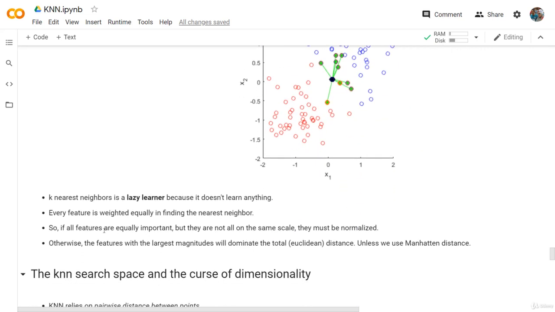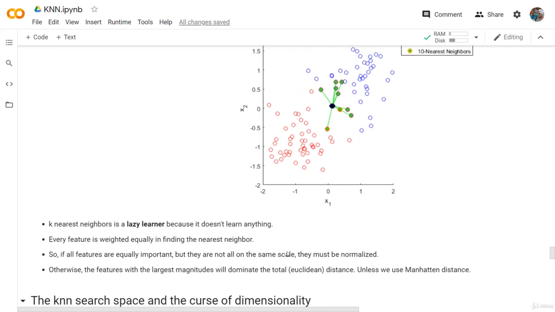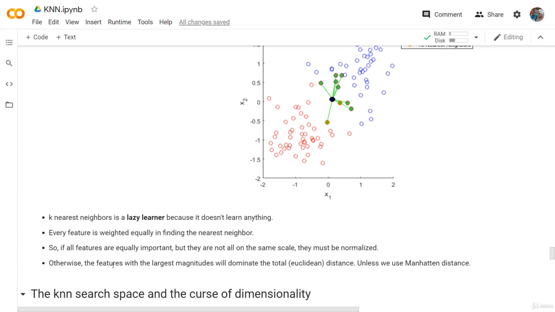So if all features are equally important, but they are not at the same scale, they must be normalized like this, right? Otherwise, the features with the largest magnitudes will dominate the total distance.